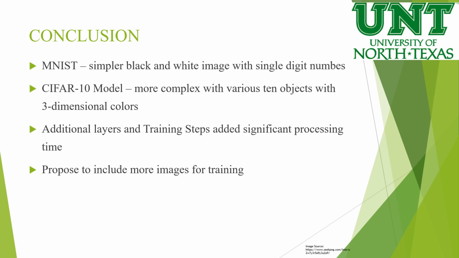Tensor processing units process about 15 to 30 times faster than the GPU, which would have given us a lot more processing power, and therefore we could have really pushed the limits of our training and testing by adding more steps, as well as adding more layers.